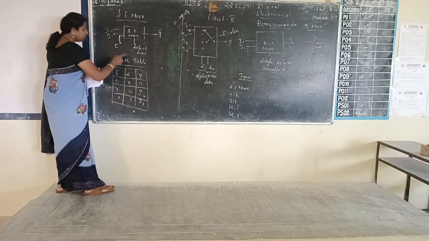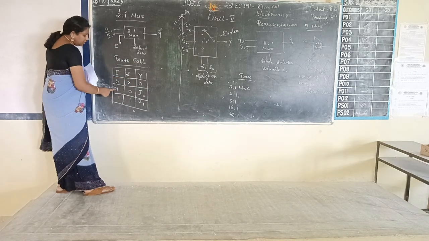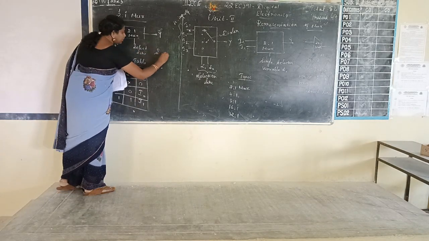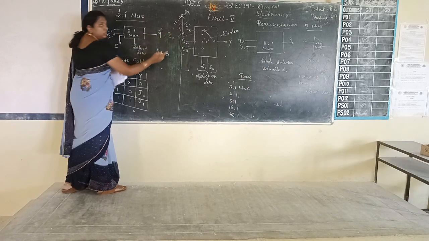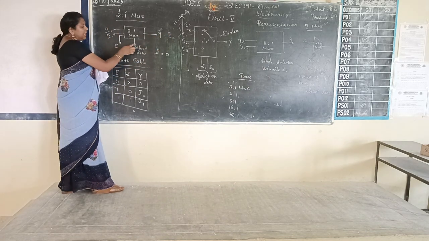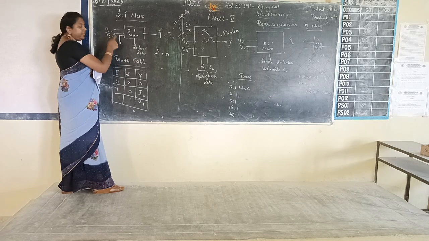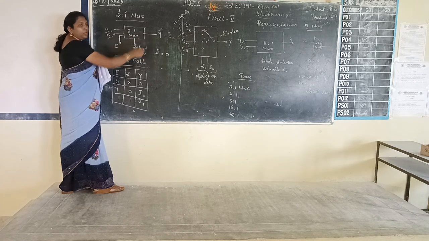When enable is 0, the output will be 0. Then we get the output as I naught. See, when E is 1 and S is 0, you will be getting I naught. Then when E is 1 and S is equal to 1, you will be getting I1, right?